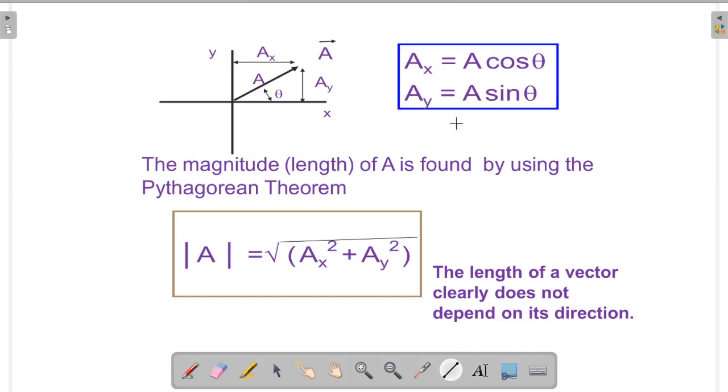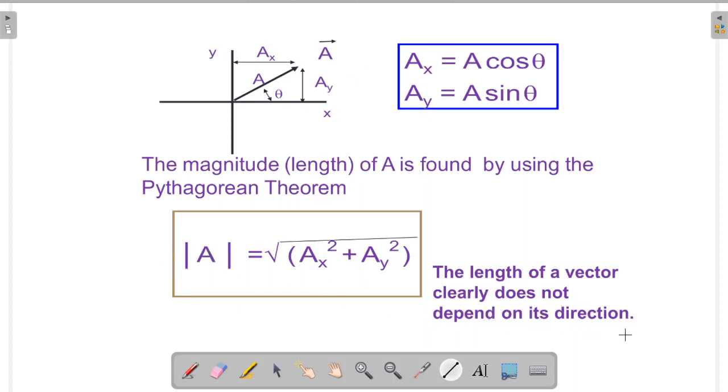There is a hypotenuse, a base, and a height or perpendicular. So cos theta equals base by hypotenuse, so we find Ax equals A cos theta. Another, sin theta equals perpendicular by hypotenuse. So we find the component of y, Ay equals A sin theta. In this way we find the two components of this vector, Ax and Ay.